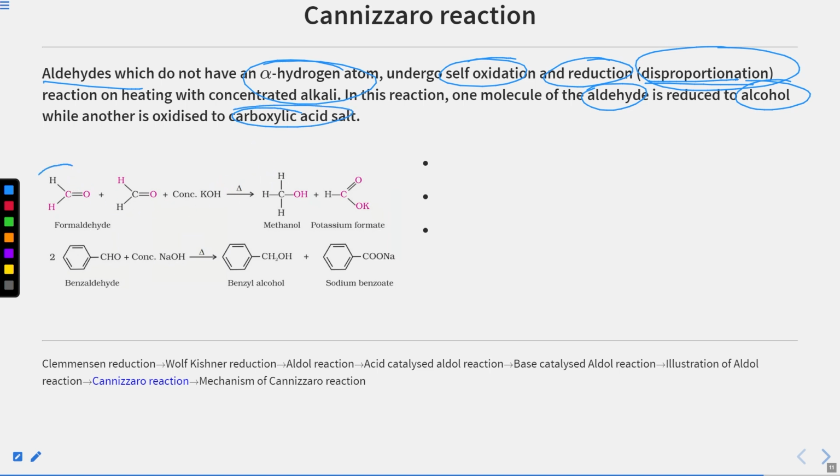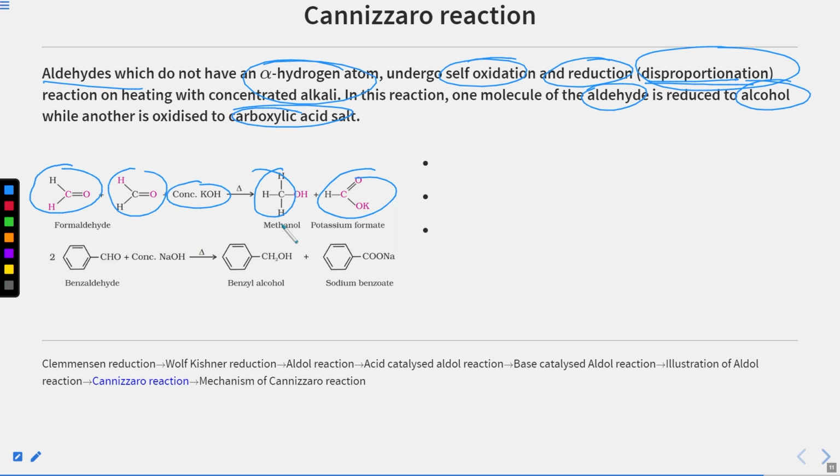We are again taking 2 moles of the same compound, similar to our aldol reaction, but the formed products are an alcohol and a formate, or you can say a carboxylate. Clear? And one more change in condition is the concentrated base and the absence of alpha hydrogen.